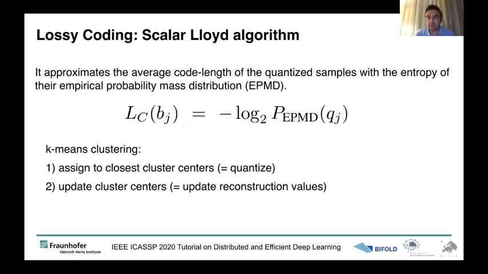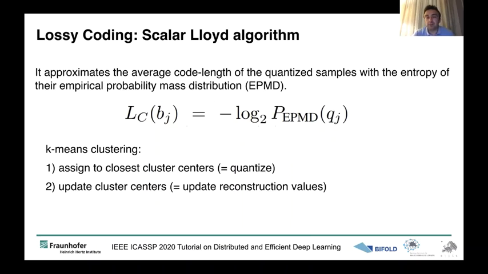And so then you have this L_C of B, which is the average code length of the symbol. And the Lloyd algorithm just does what k-means clustering does. So it assigns the values to the closest cluster center, so it quantizes the inputs by Q in the one step, and then it updates the cluster center, so it updates the reconstruction values, Q inverse.